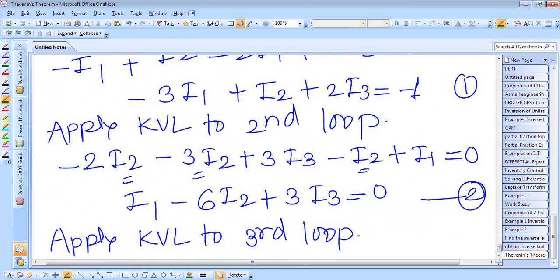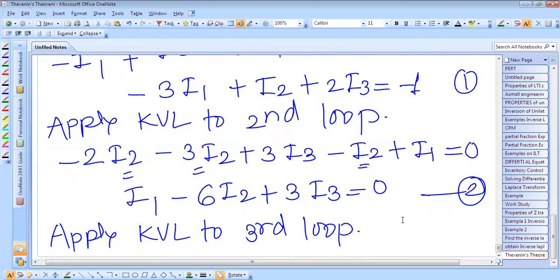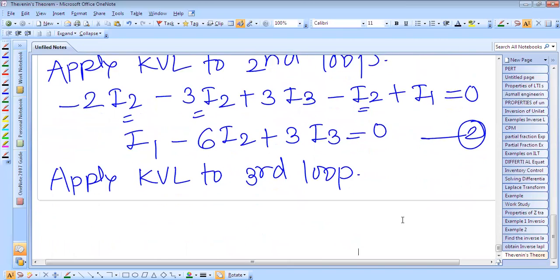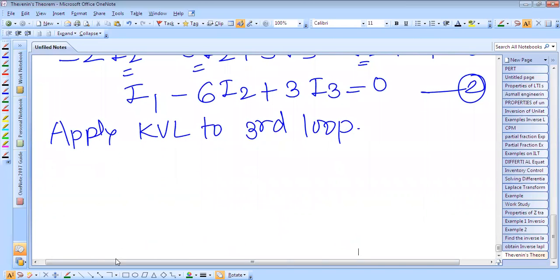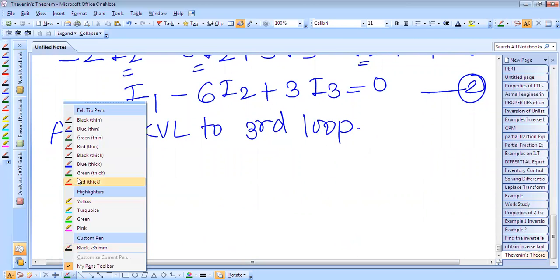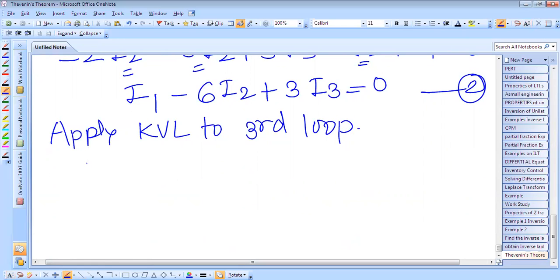Okay, so applying the KVL to this third loop. So minus 3 I3 plus 3 I2, because there is an opposite current coming.